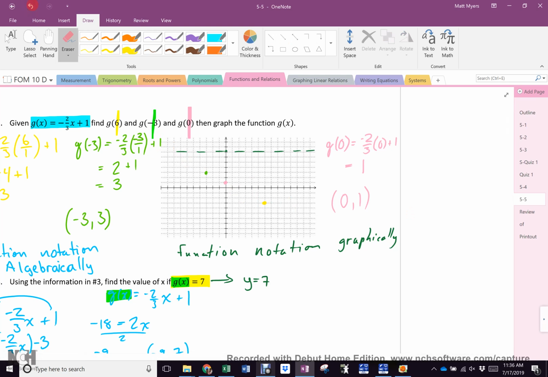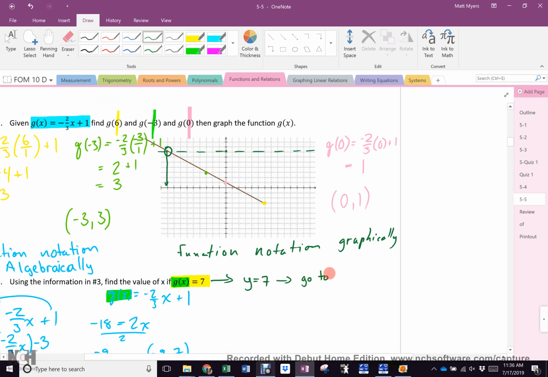Through those dots, agreed? What do you see? Oh, it just erased. What do you see right there? Does it cross 7? It does. And what is that value right there? -9. So, how do I do it graphically?